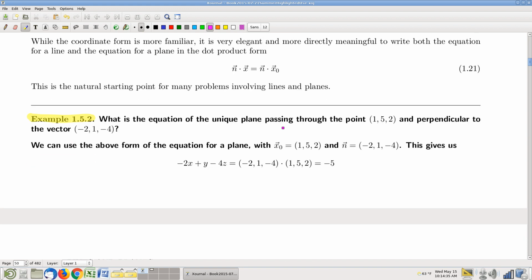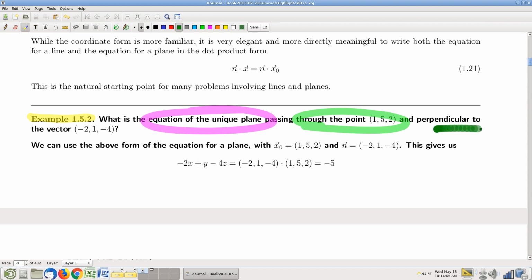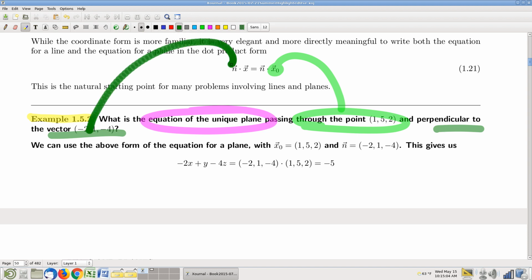Okay. So, quick example, suppose you want to understand the equation of a certain plane, and you know that it goes through that point and is perpendicular to that vector. You want to find the equation of that plane. Well, going through that point, there's our x naught, perpendicular to this vector there.